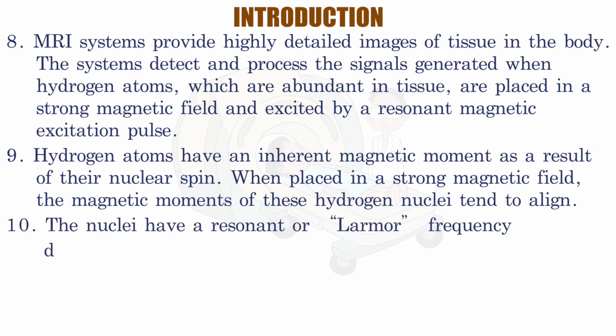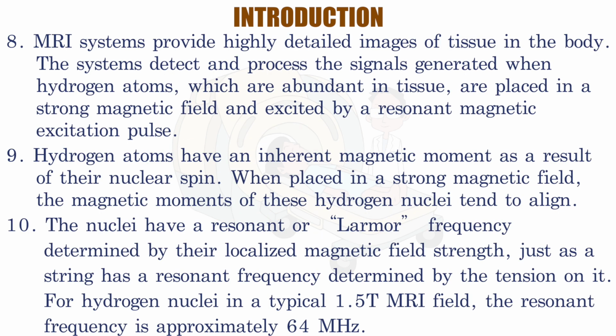MRI systems provide highly detailed images of tissue in the body. The systems detect and process the signals generated when hydrogen atoms, which are abundant in tissue, are placed in a strong magnetic field and excited by a resonant magnetic excitation pulse.